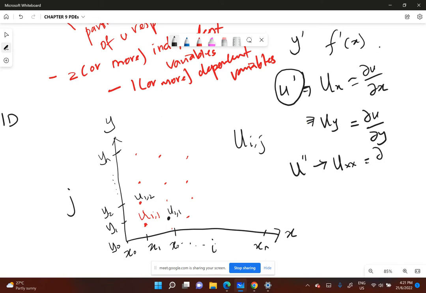Okay, so UXX means second partial derivative of U respect to X. And U double prime also can be UYY. That means second partial derivative of U respect to Y. And it can be also UXY.